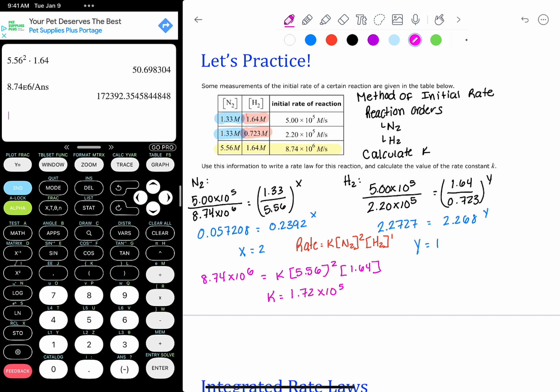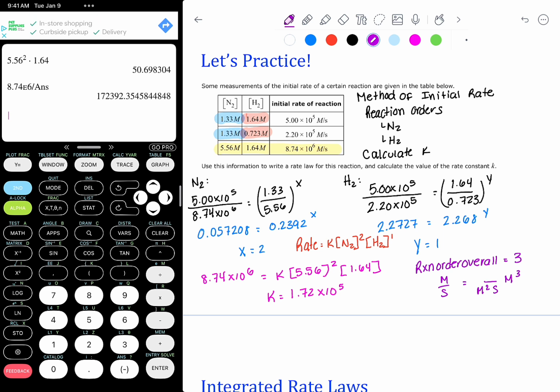So now we have to look at our units. Well, overall, the reaction order overall is equal to 3, so it's third order. So you can again think of it this way. We have molar cubed. I need to put something here to make it equal molar per second. Well, I need to cancel out 2 of those molars, and my per second comes from my K anyways.